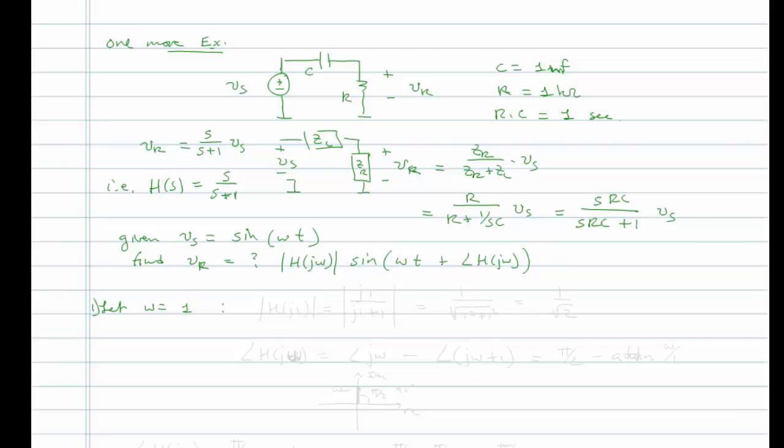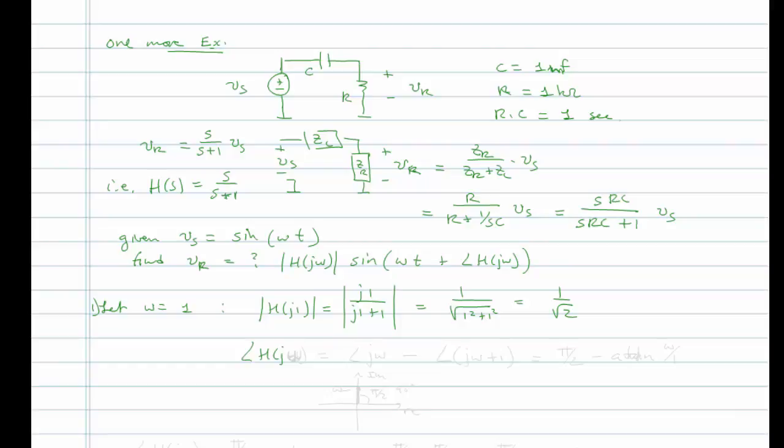In this case, we'll have the magnitude of H of j1 equal to the magnitude of j1 over j1 plus 1. So it would be 1, the magnitude of j, over the square root of 1 squared plus 1 squared. So 1 over root 2.